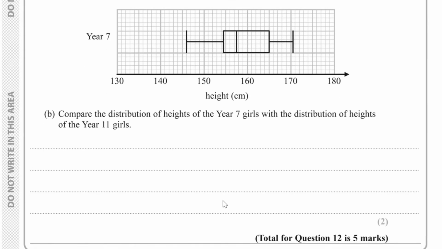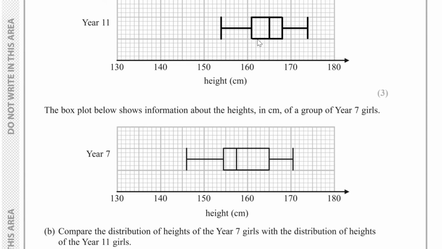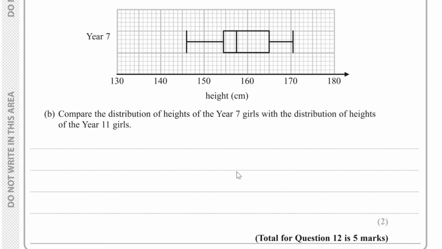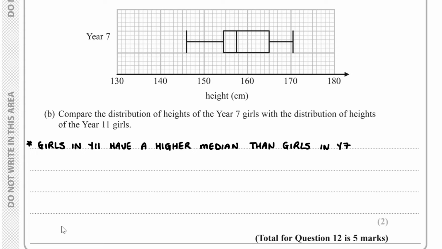Let's begin by comparing the median. The median for the girls in Year 11 is higher than the median for the girls in Year 7. So girls in Year 11 have a higher median than girls in Year 7. Therefore girls are on average taller in Year 11 than in Year 7.